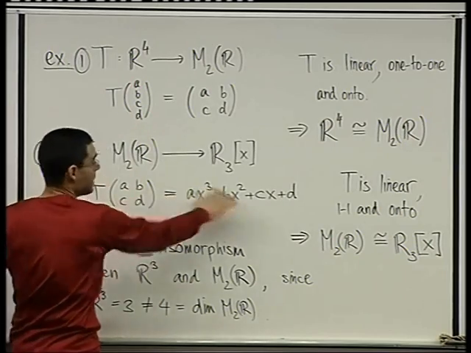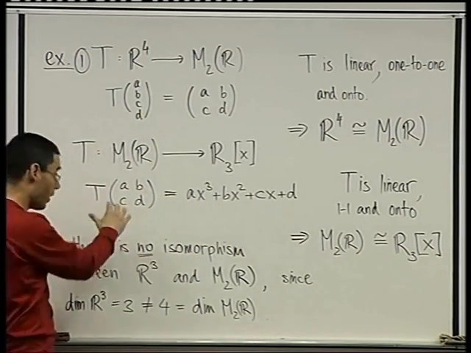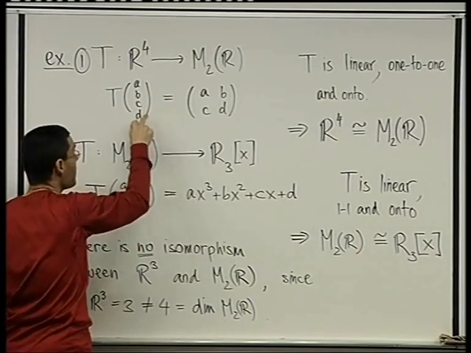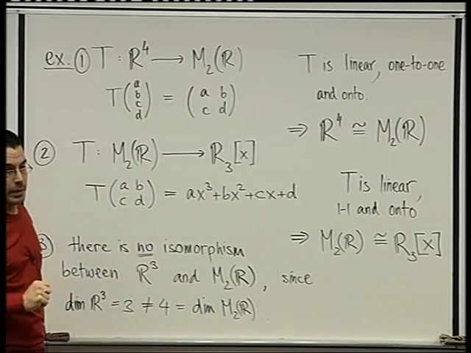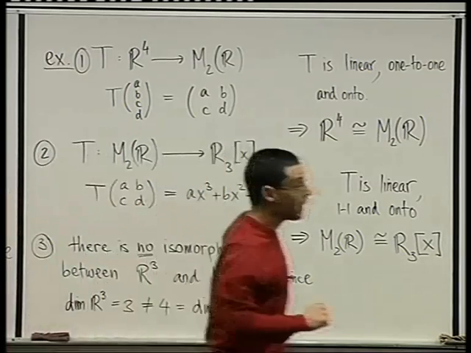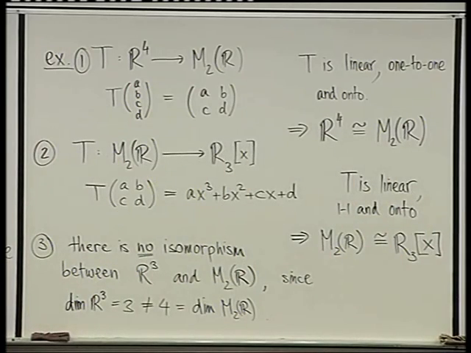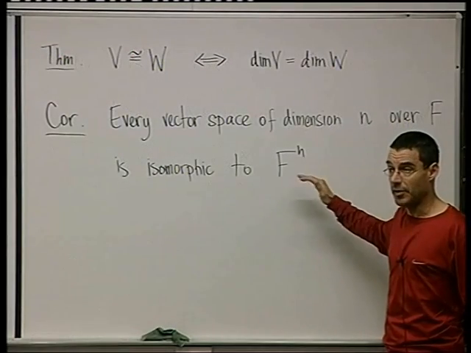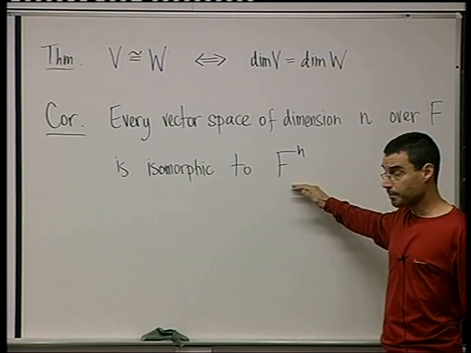So these two spaces, which are very different, are in fact isomorphic to R4. Okay? So that's that corollary. Every vector space of dimension n over a field F is in fact isomorphic to F^n.